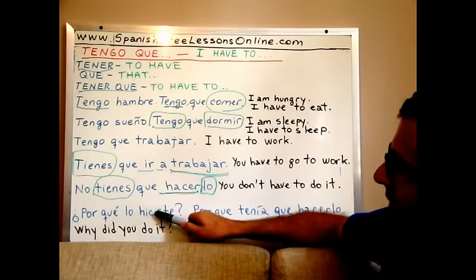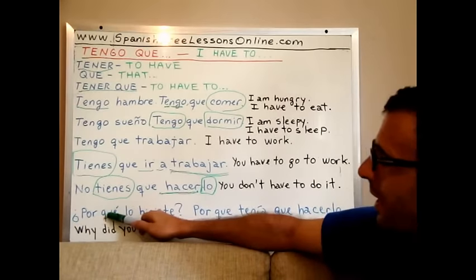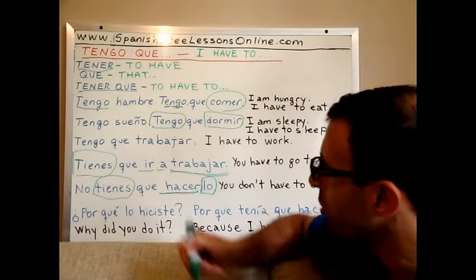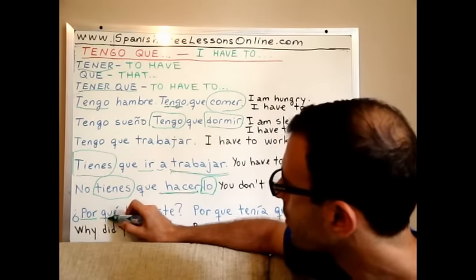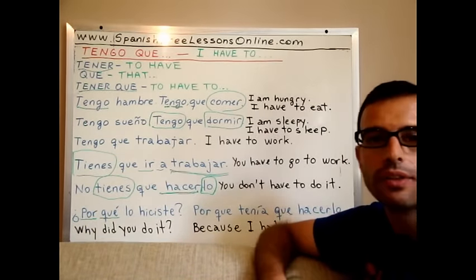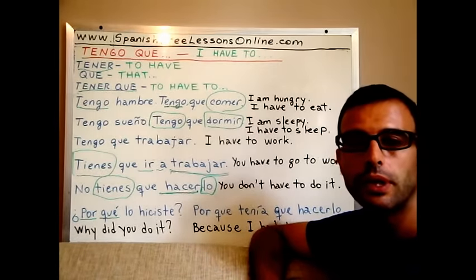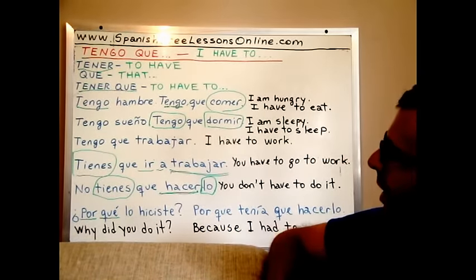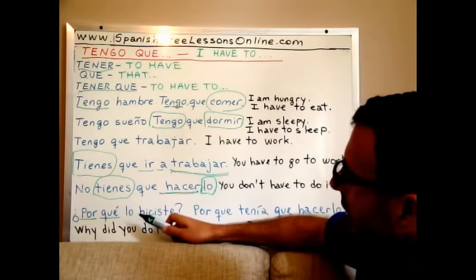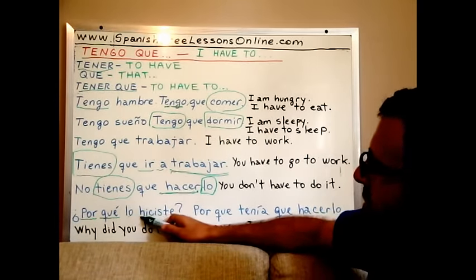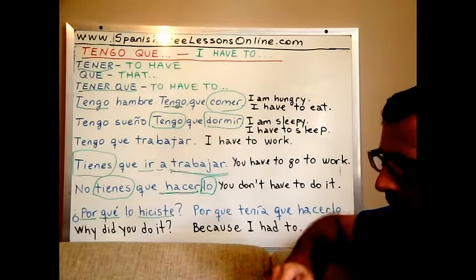¿Por qué lo hiciste? ¿Por qué means why. These are two words. One word is por, second word is que. These two words together mean why. ¿Por qué lo hiciste? Why it you did, right?